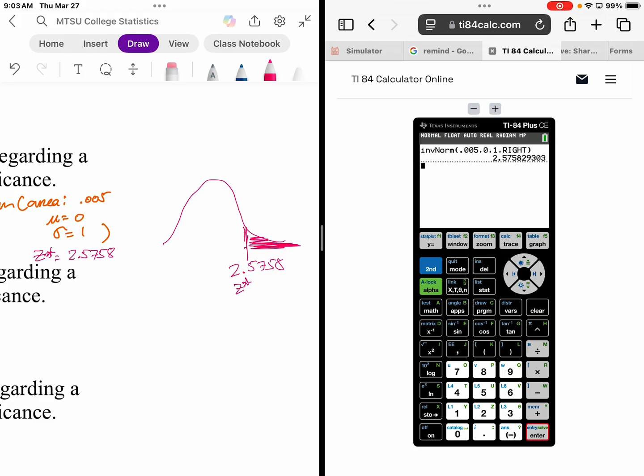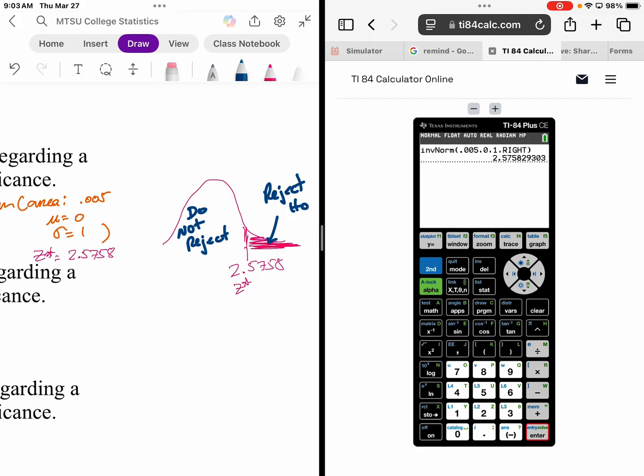All right, so I'm going to write that down here real quickly. This is the do not reject zone, and the shaded zone is where we reject the null hypothesis.